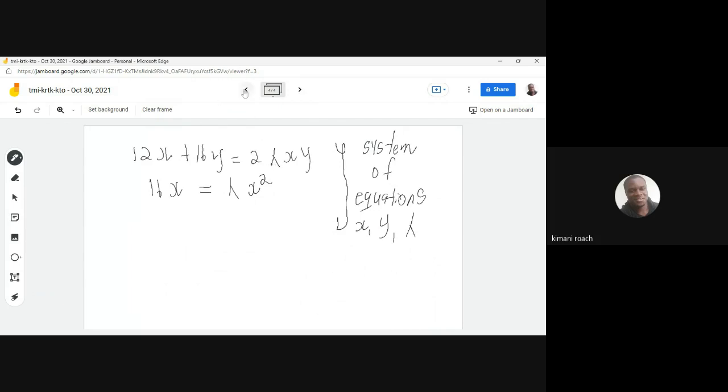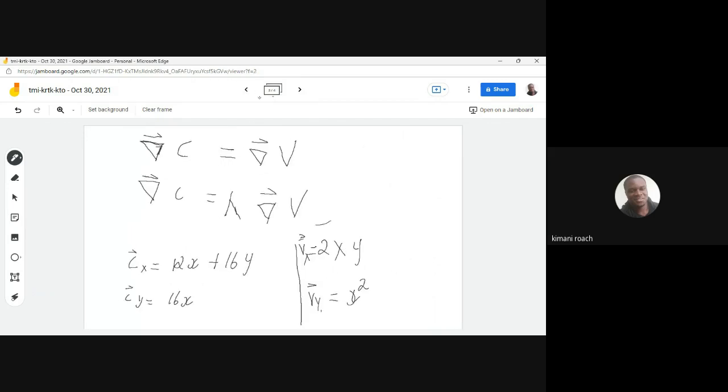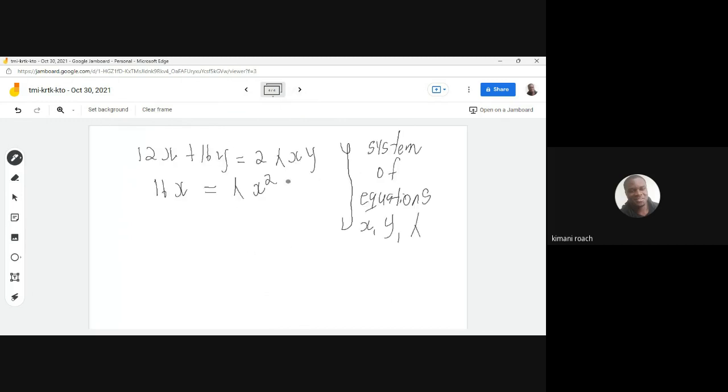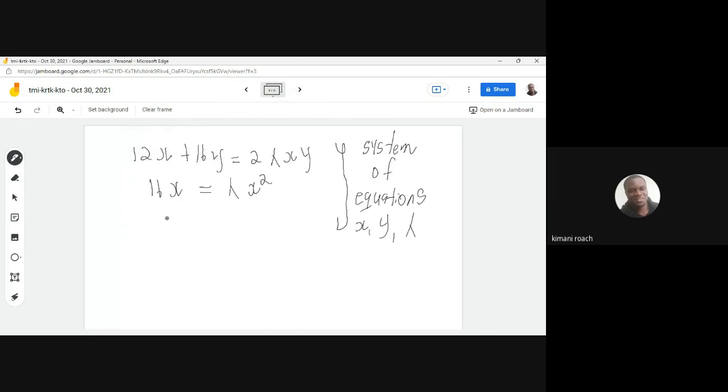But there's another equation that we have not taken into account yet, and that is my constraint equation, which is my volume, which states that x squared y must be equal to 375.